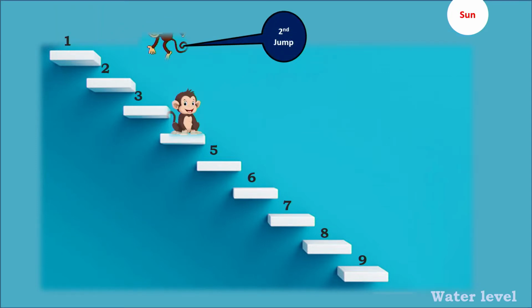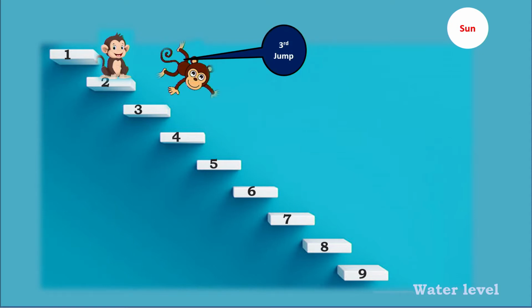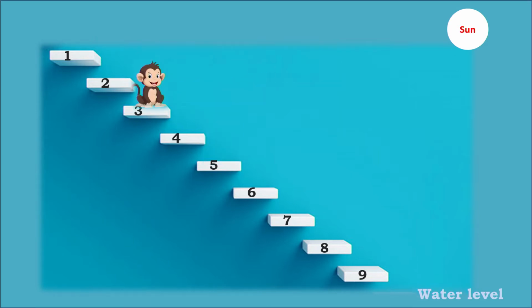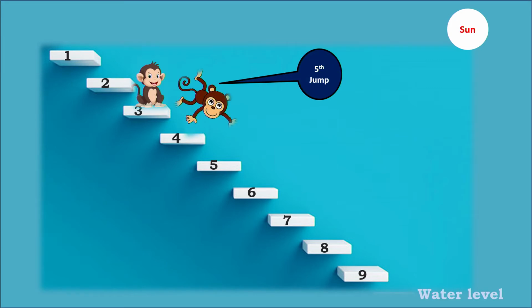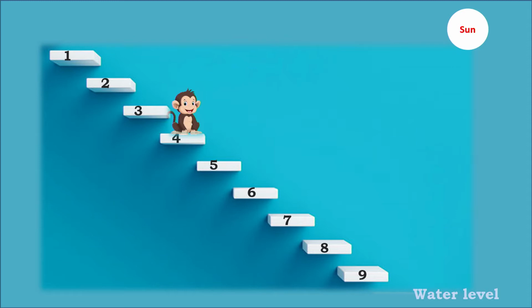Next he jumps back 2 steps, that is the second jump, to the second step. Again he jumps down 3 steps, to the 5th step, and jumps back 2 steps, to the 3rd. Next the 5th jump to the 6th, and the 6th jump to the 4th.